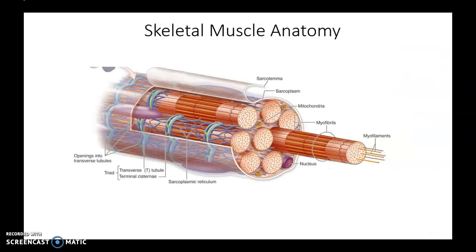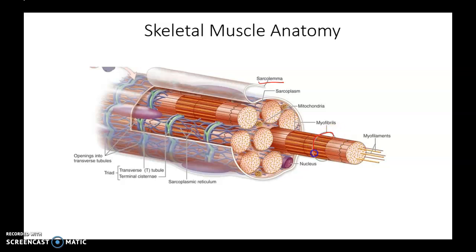So here, this is one single muscle fiber, as you can see, and the membrane of the muscle fiber is called sarcolemma. This is the membrane of the muscle fiber. Now within the muscle fiber, these cylindrical structures, these are myofibrils.